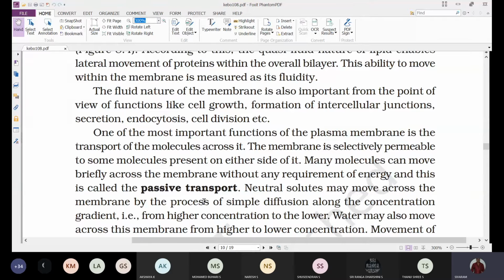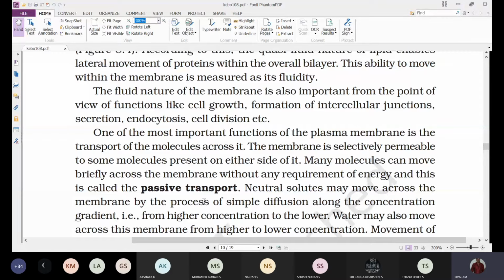Next, the secretion of certain substances. Next, endocytosis, that is the intake of molecules and other substances. And next, cell division, which is also possible only because of the fluid nature of the cell membrane.